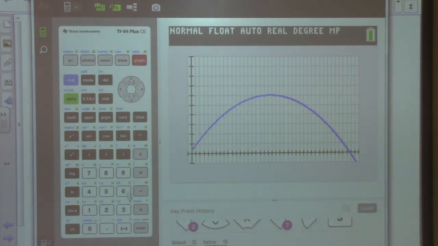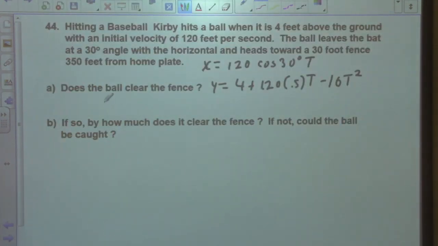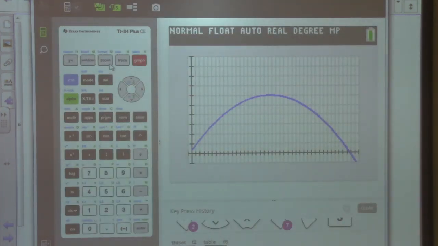So next we come to the questions, right? We have everything looking good. So does the ball clear the fence? No. So let's go ahead and hit trace to verify. So it's 350 feet away.